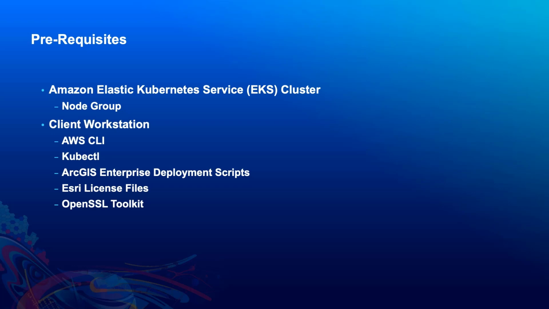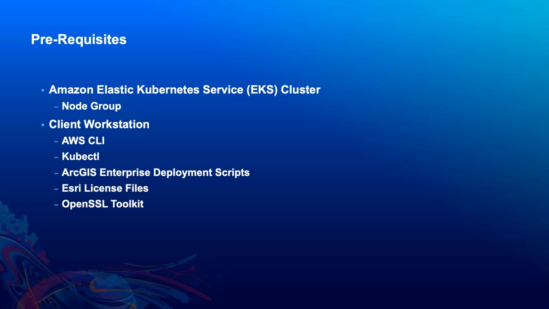Before diving in, let's have a look at some of the prerequisites for deploying ArcGIS Enterprise on EKS. First, you'll need an AWS subscription and an EKS cluster. I'll not go into details about how to create an EKS cluster. AWS has some great documentation on how to create a cluster and a node group.